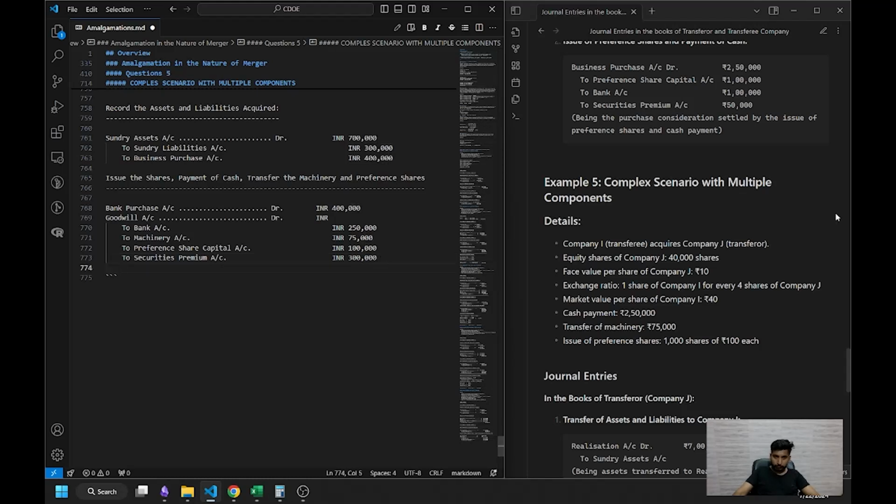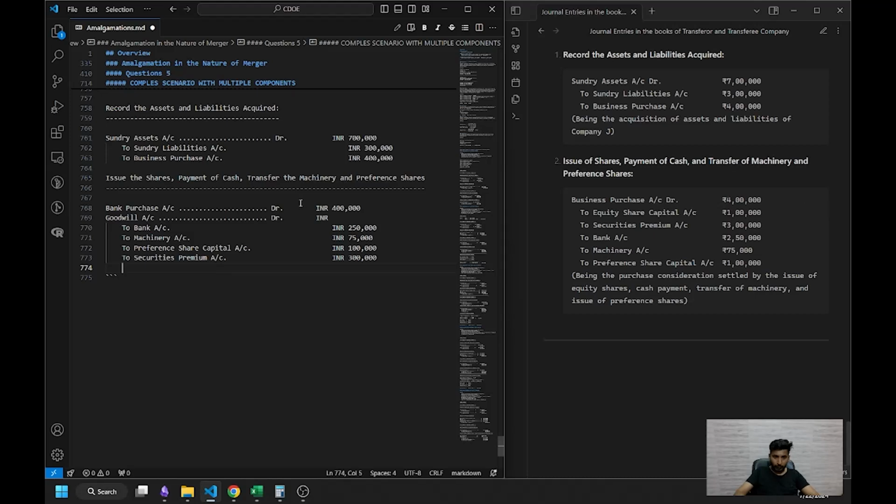Okay. So equity share capital of rupees 1 lakh. So we have 1 lakh, 3 lakh, 1 lakh, 2,50,000 and 75,000. So the remaining of 4,25,000 is going to be the goodwill.